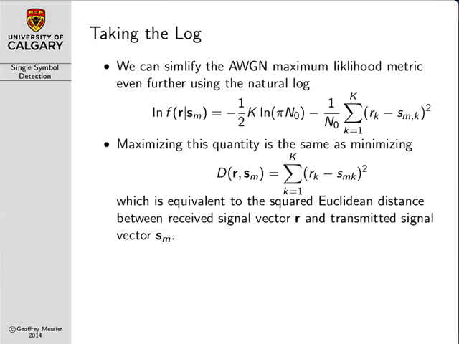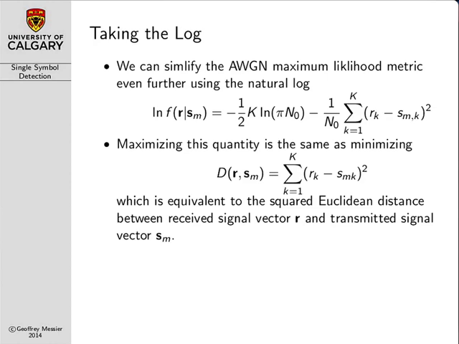And when you take the natural log, you essentially eliminate the exponential operator from your decision metric. Since the natural log is a monotonic function, it also does not affect the relative comparison between likelihood values.